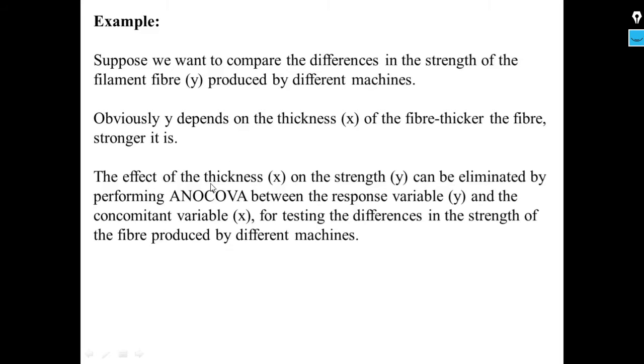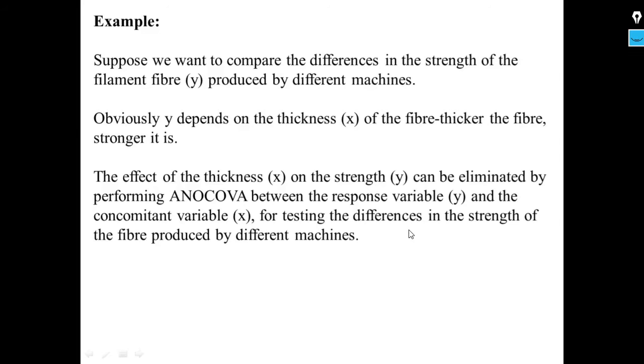The effect of thickness, that is x, on the strength y can be eliminated by performing analysis of covariance between the response variable y and the concomitant variable x, for testing the differences in the strength of fiber produced by different machines.